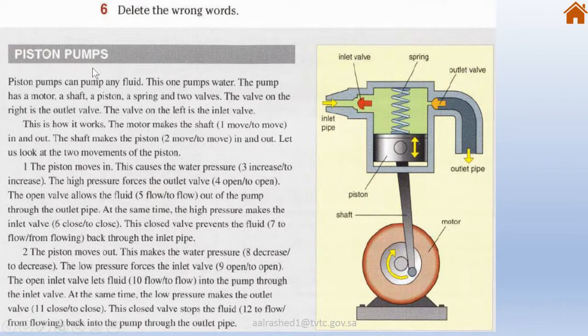Okay, let's see the first one. So I would start from here. I will attempt to answer the first one here.